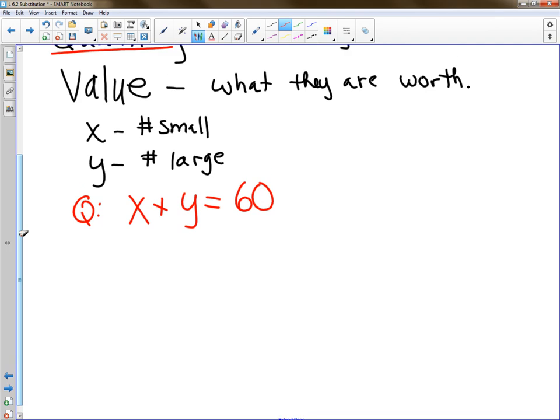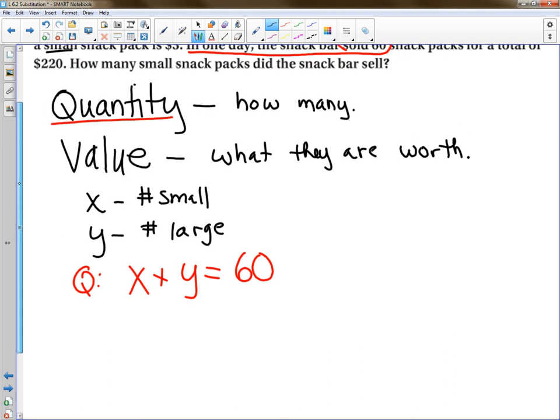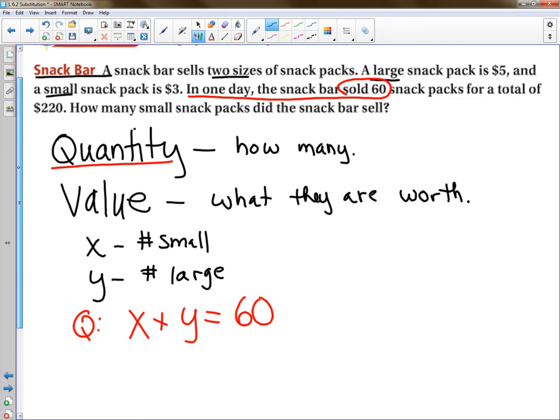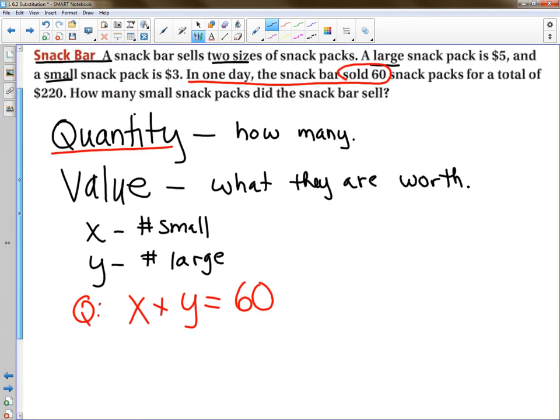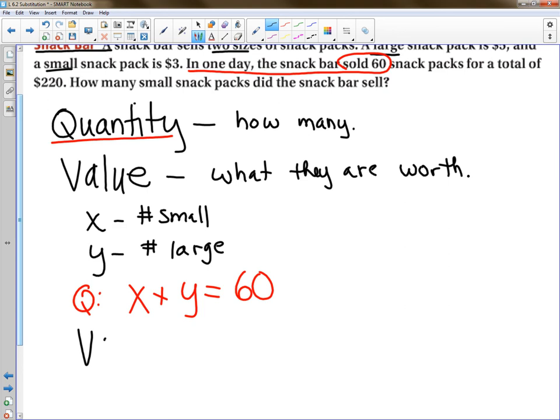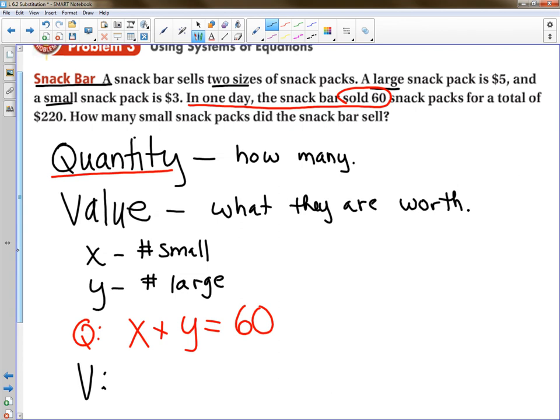The value equation takes into consideration what the price for each of those snack packs is. So I'm going to write a value equation, and I just write a V to remind me that I'm writing a value equation. The price of a large snack pack is $5 and the price of a small snack pack is $3.